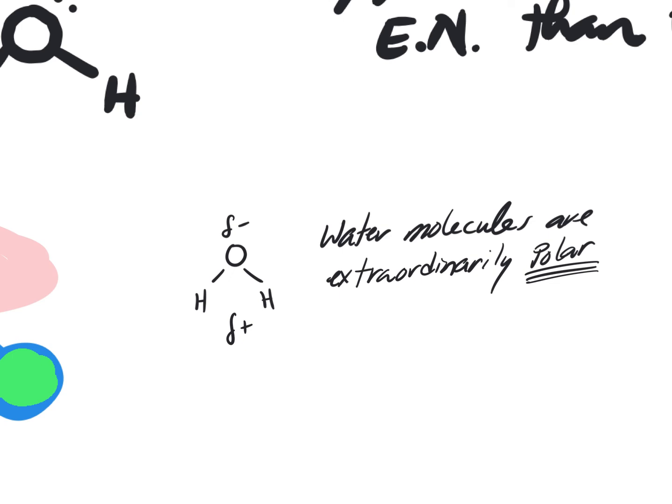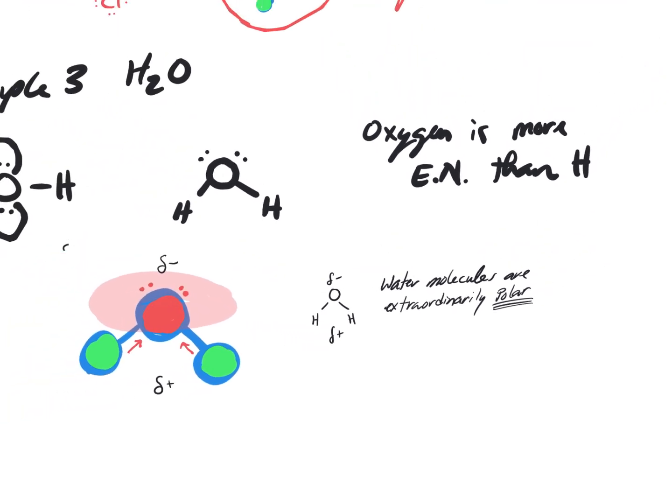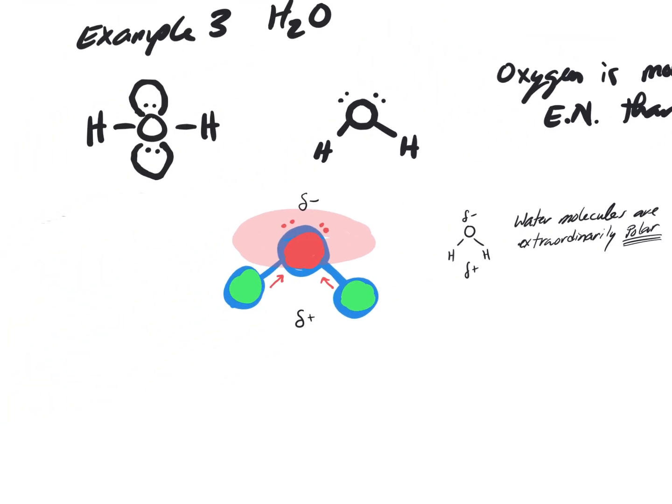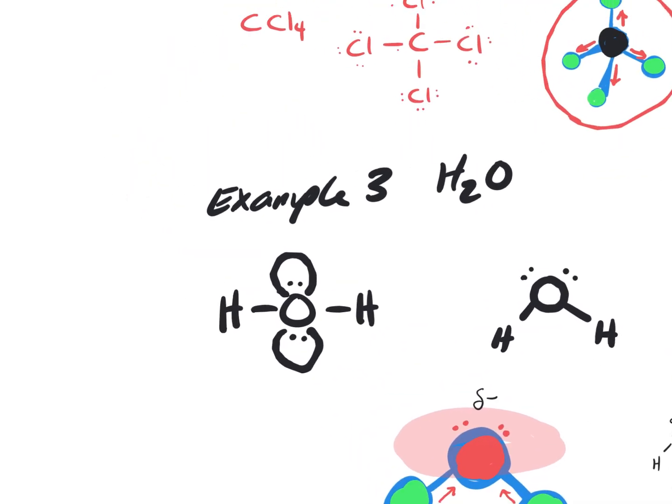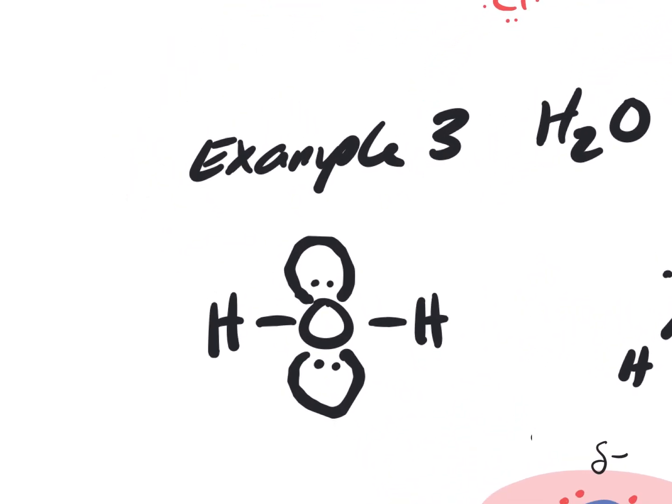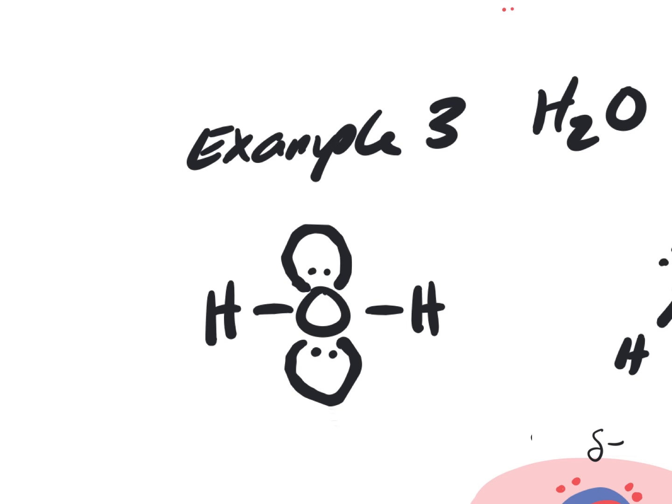Anyhow, I really want to make a big deal out of that because I want to caution you against this. What if water was linear? It's not. But what if it was? If it was linear, then electrons would be equally pulled toward the center on each side, and there would be no polarity.